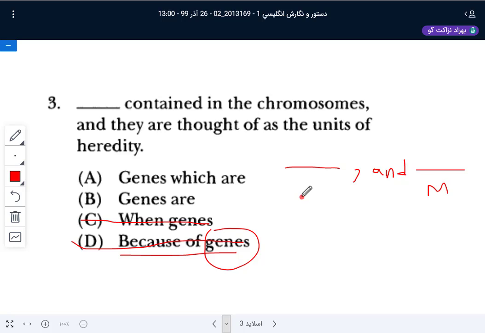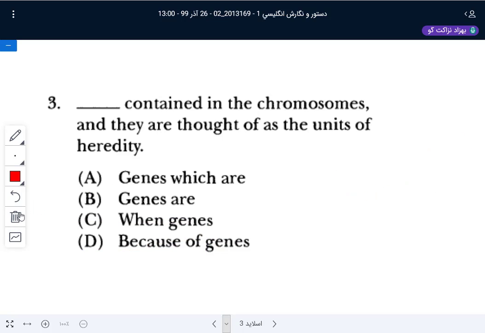Main clause and another main clause. Full stop. So here, when we are using when, we don't have a main clause. We have a subordinate clause. A subordinate clause does not require any coordinate conjunction. So that is why choice C is not acceptable.